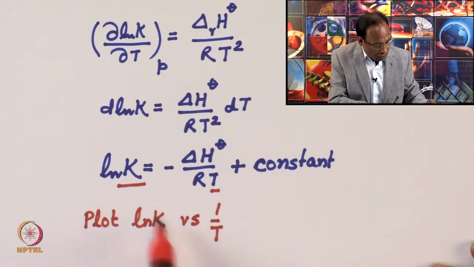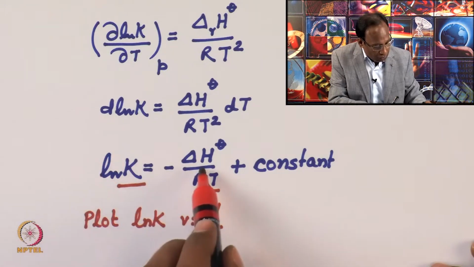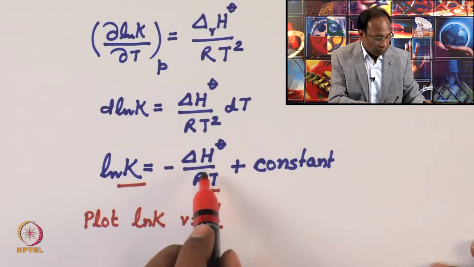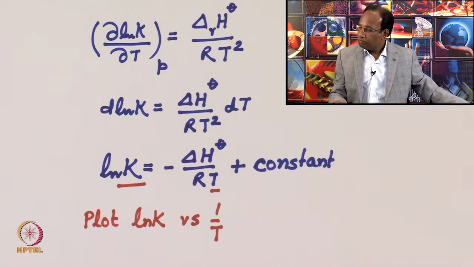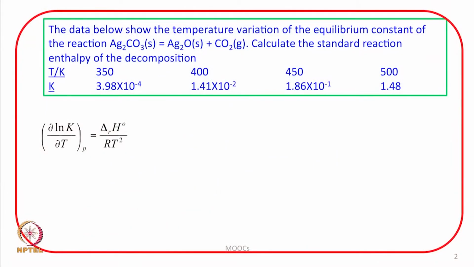Now, let us look at the equation that we derived over here. When I integrated this equation, I assumed here that delta H naught does not depend upon temperature. Now, let us go to the slide and recognize the significance, importance of this very important equation, Van 't Hoff equation.